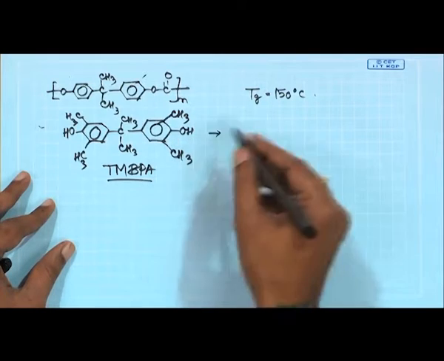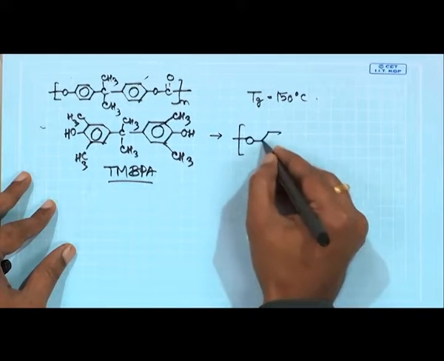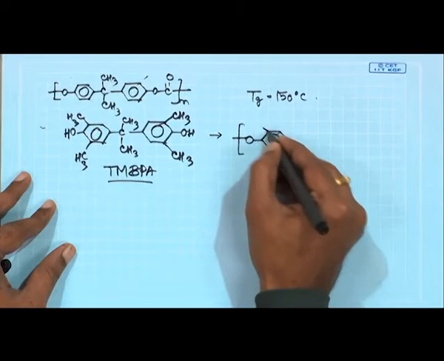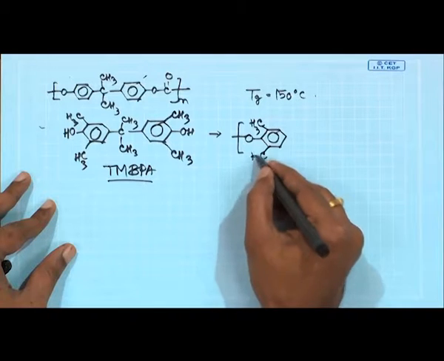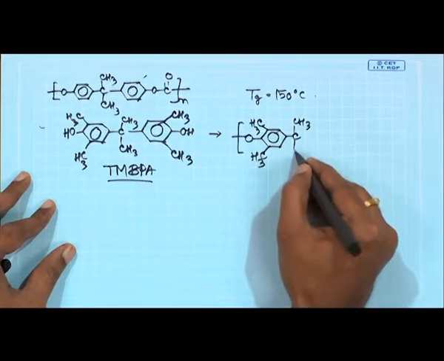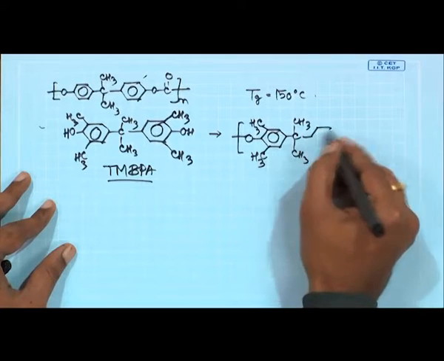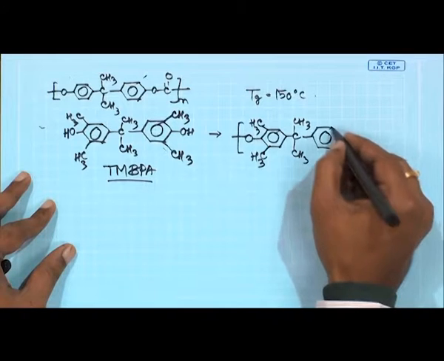You will get a polymer, a polycarbonate which has this structure, and you will have these methyl groups present. So, you have increased the rigidity of the chain by this process, because you have all these bulky substituents present in the system.